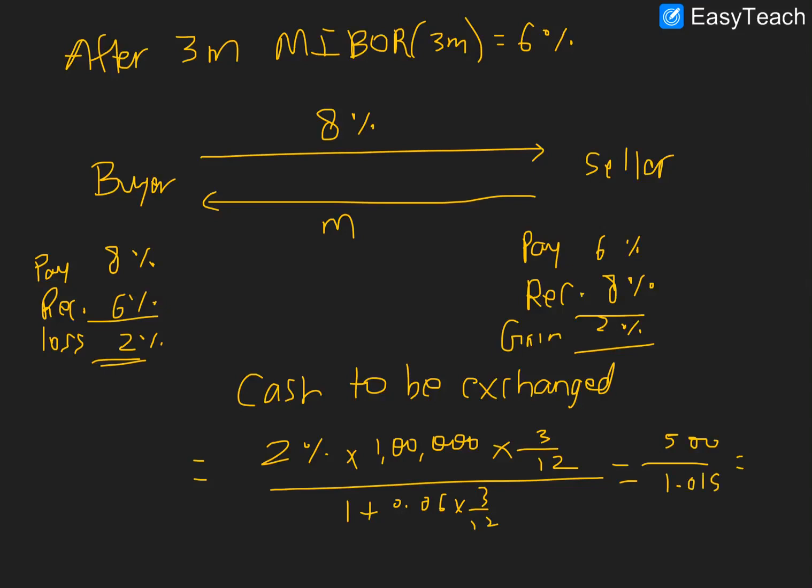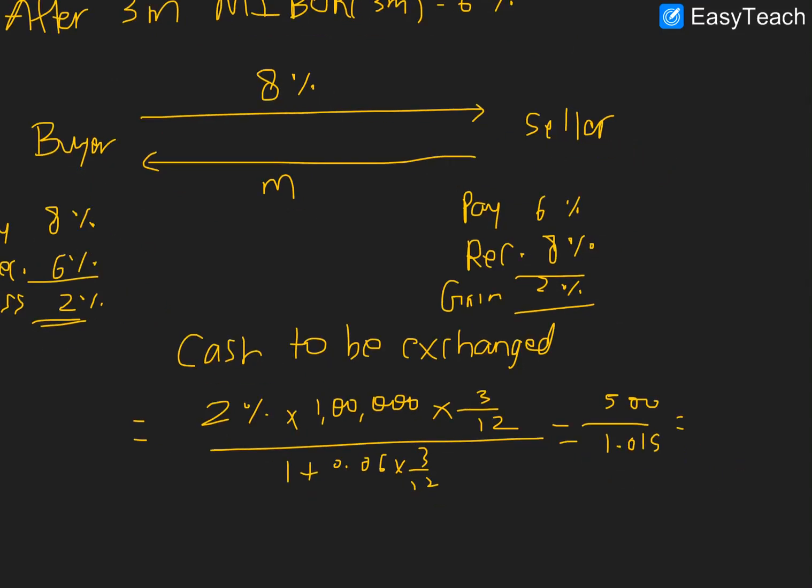So if you just divide it, 500 divided by 1.015, that's 493, or I can say 492.6. This is the price, or this is the cash that needs to be exchanged, the final cash that needs to be paid.